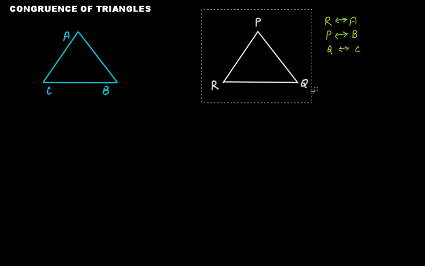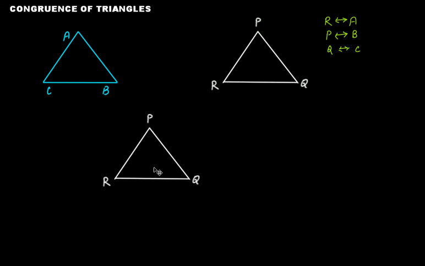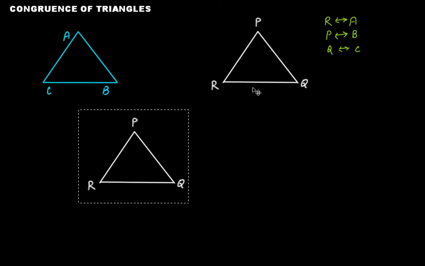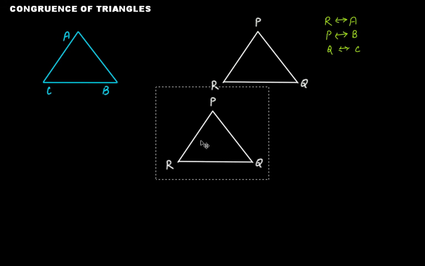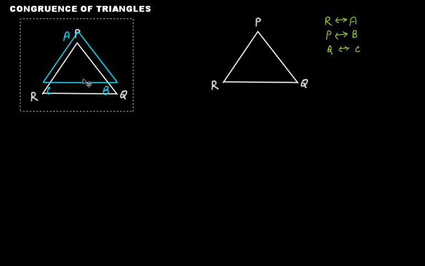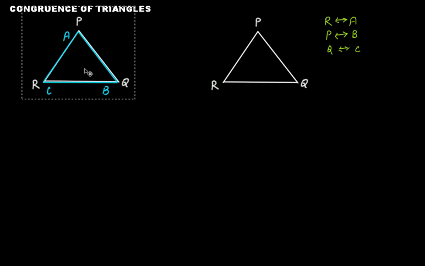So what will happen is you'll have to rotate this triangle a little bit, because what has been given to us is that this triangle PQR will superpose on triangle ABC but in some different way. So what different way is given to us?